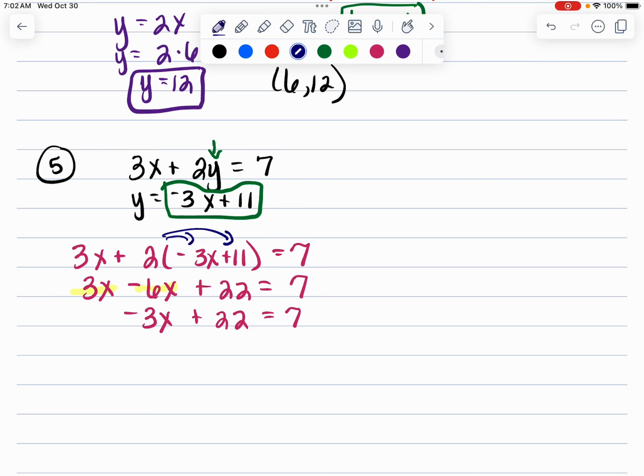And then, of course, I would want to subtract 22 from both sides. It's just solving an equation. You guys know how to do that. I get negative 3x equals negative 15. Dividing by negative 3, I get x is 5.